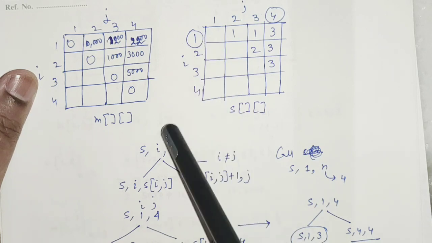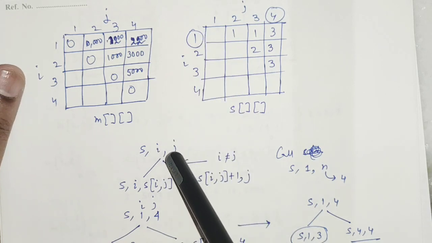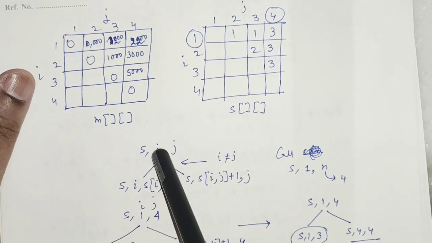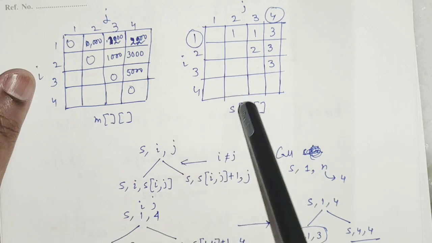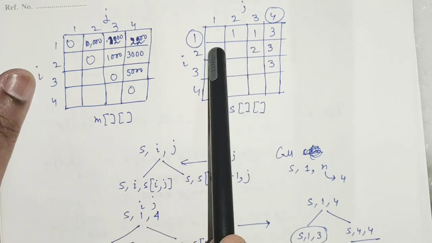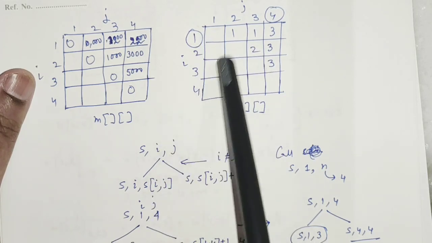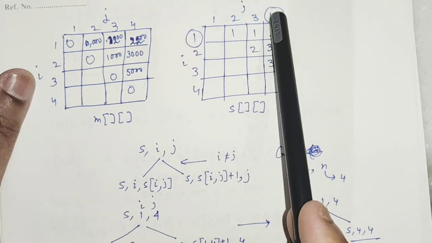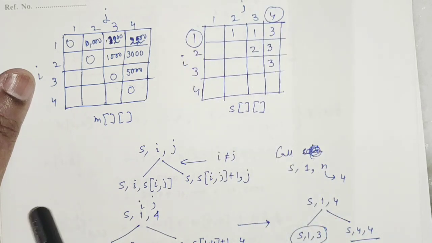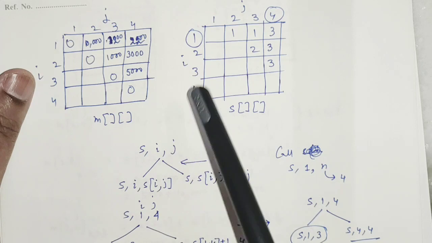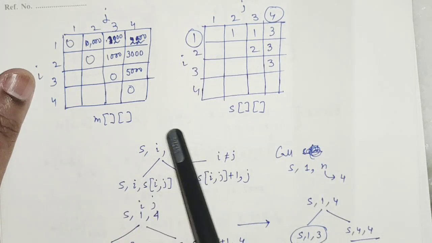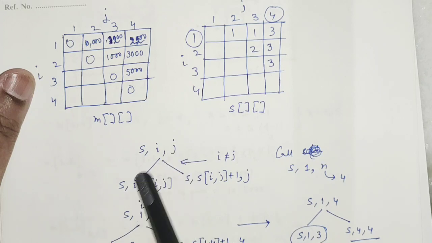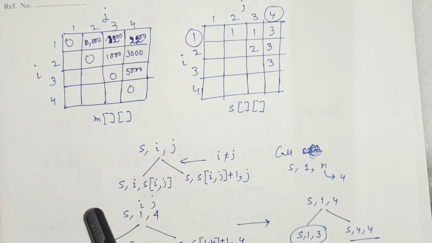So we have to call the two indexes for the initiation of this call, where i will always be 1, because the row index starts from 1, since here we are considering only the S matrix. The first row, nth column will hold the last k value, so you have to initiate this call from 1,n. So here 1,4. When the i not equal to j criterion holds, then it will have two recursive calls.